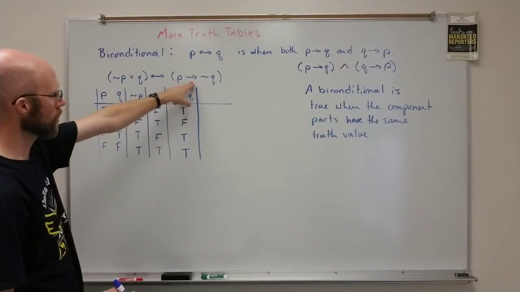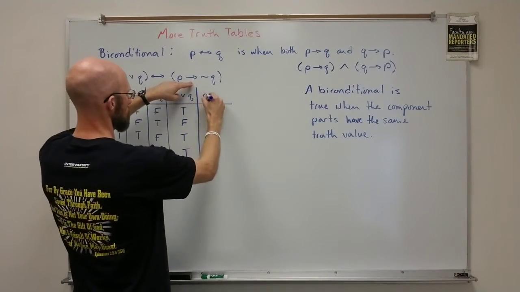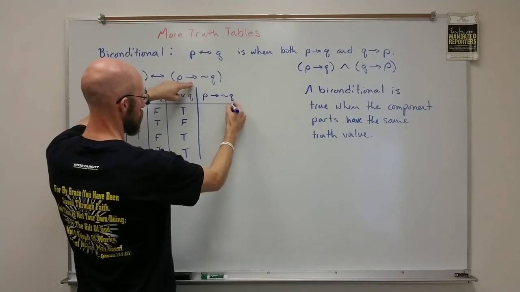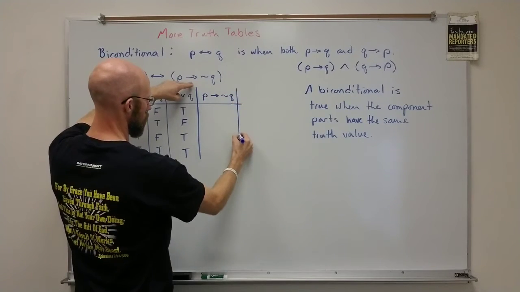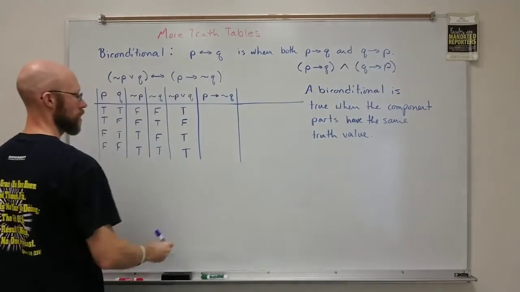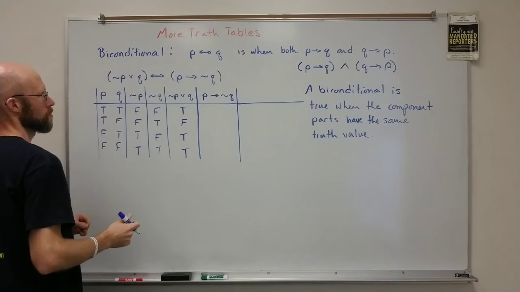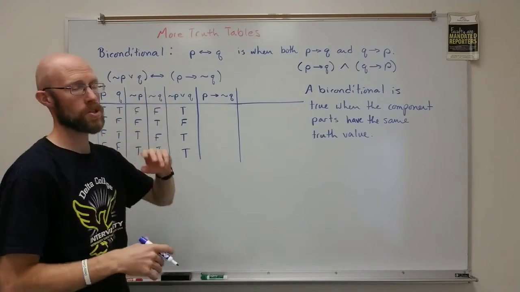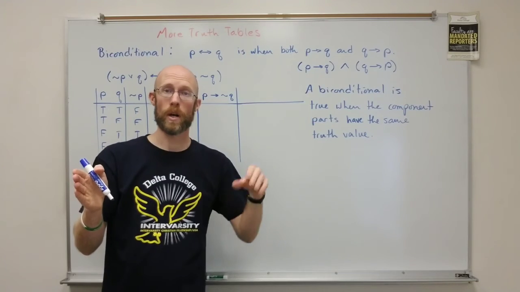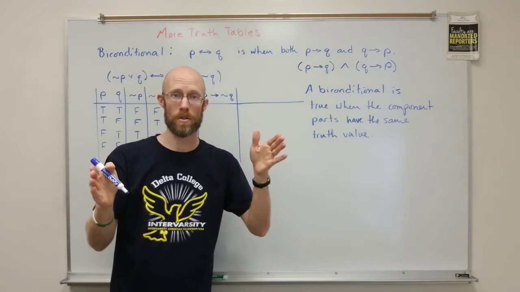Then I have the conditional, if P then not Q. With the conditional, remember everything is true except where your antecedent is true and the consequent is false. So if it's true, false, then you get false.